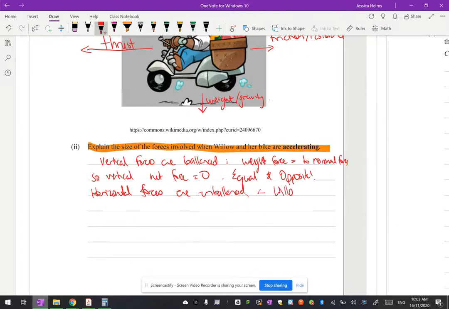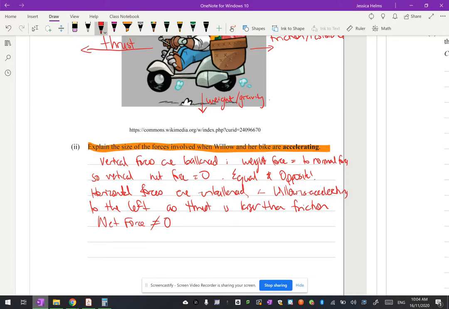Willow is accelerating to the left as thrust is larger than friction. So net force is not equal to 0 in this instance, and the bike will accelerate to the left, something along those lines.